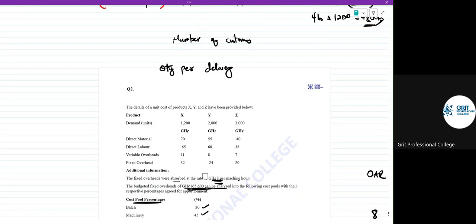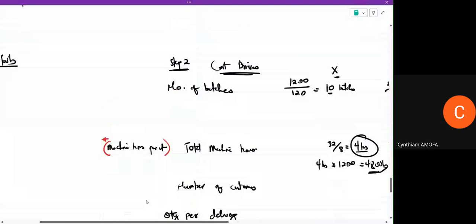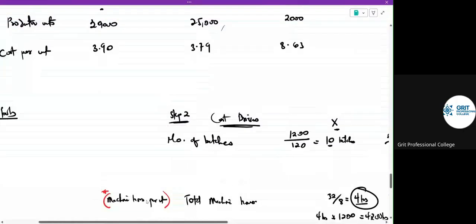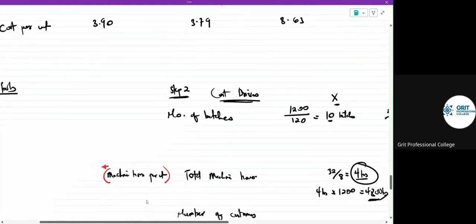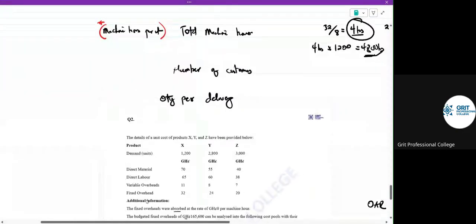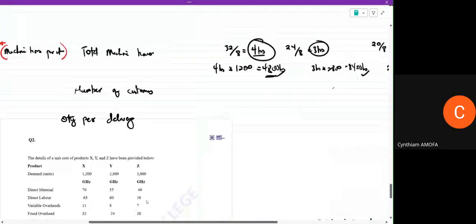And then it was simple. We had number of whatever. It was only the machine hours that we changed. The first question we solved, we didn't do any adjustment. We just used the information sheet out. It was only the machine hours that we changed towards total machine hours. That's all. So when they give it to you like that, they've even made your work small.